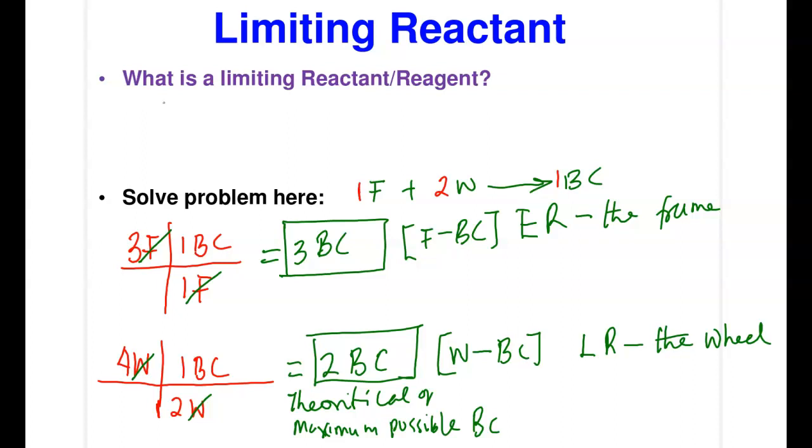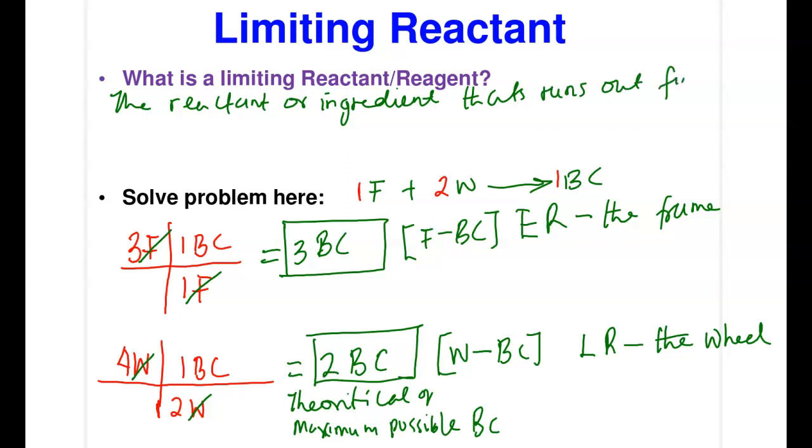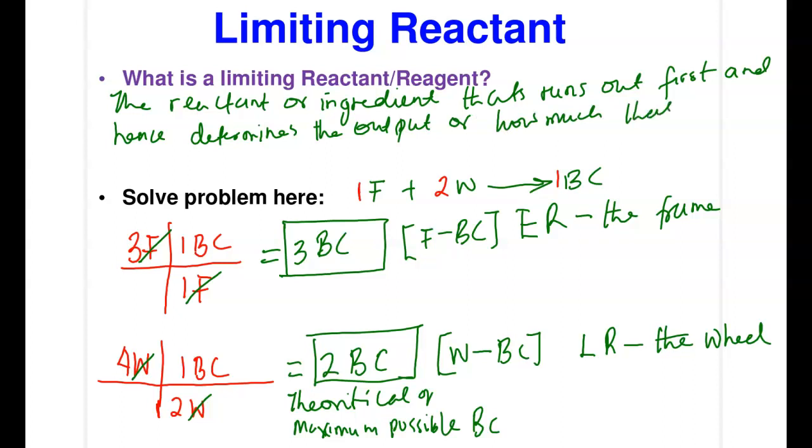The limiting reactant is defined as the reactant or ingredient that runs out first, and hence determines the output, you can say the product, or how much can be made.